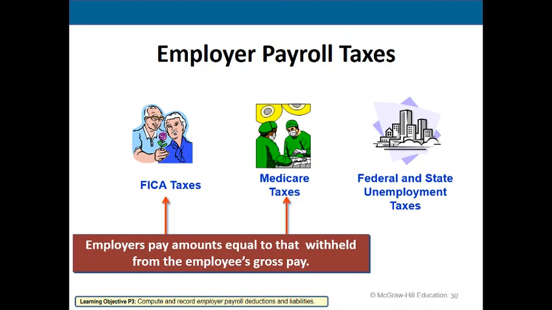And for simplification, the total of federal and state unemployment taxes is 6% of an employee's pay, with 5.4% of that going to the state unemployment tax, and the other 0.6%, which you would calculate actually as 0.006.